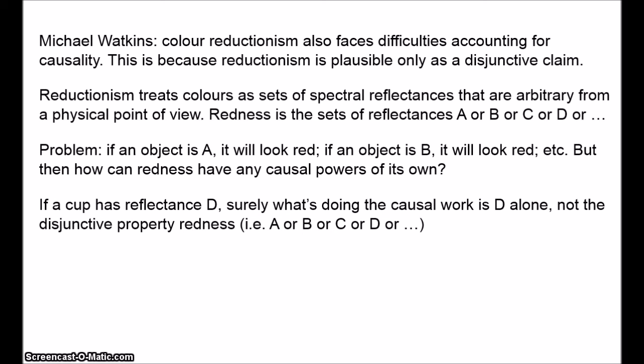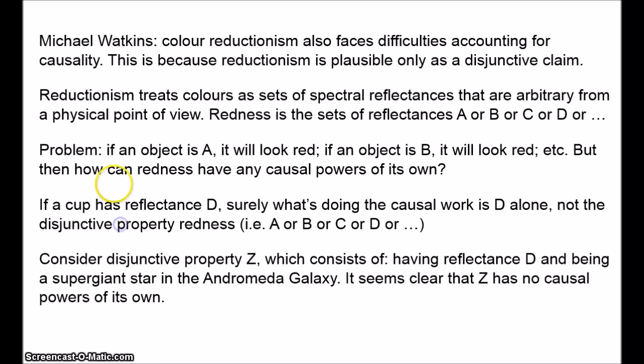It's just D. Maybe another way to see this problem is to note how easy it is to generate disjunctive properties. So let's say that the disjunctive property Z is constructed out of having spectral reflectance D and being a supergiant star in the Andromeda galaxy.